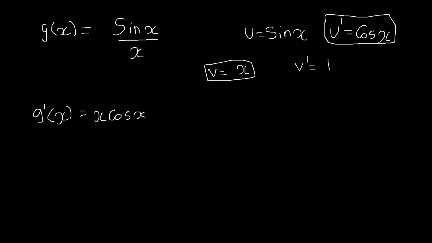Now we had to minus, and we have to multiply u by v prime, so sin x by 1, which is just sin x. And this is all divided by v squared, which is x squared. Again, you can't have x as 0 in this denominator because you cannot be dividing by 0.